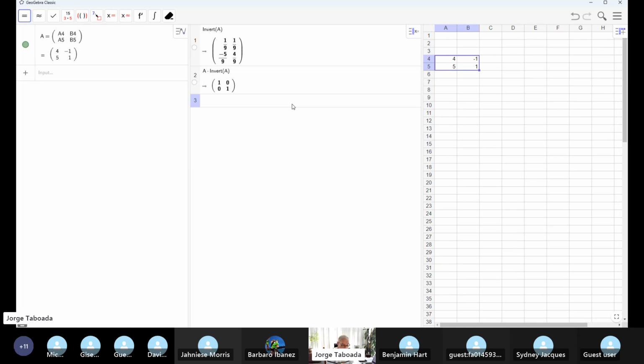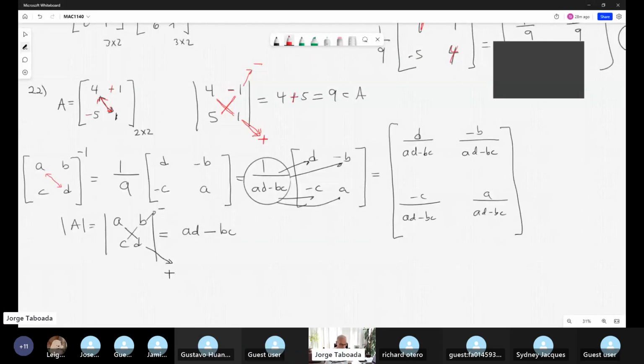So when you multiply one matrix times its inverse, the answer is the identity matrix in the same dimension as the original matrix. Cool? Everyone follow me? Yeah. Cool.